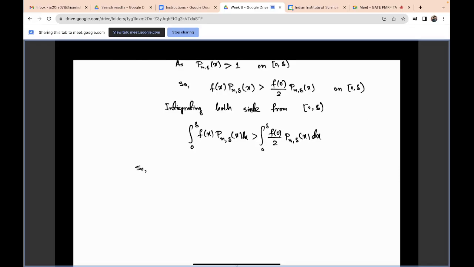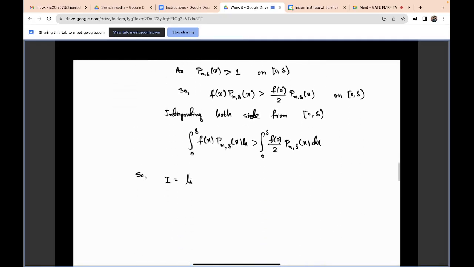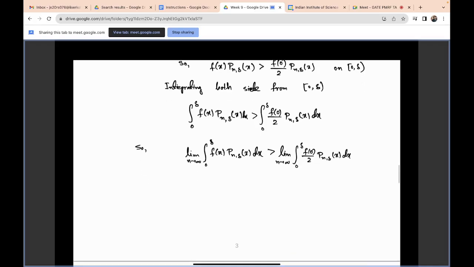So this is I, right? I think, no, I have not defined this. So the limit as n tends to infinity of the integral from 0 to delta of f(x) P_n,delta(x) dx, so this we get the limit as n tends to infinity of the integral from 0 to delta of f(0) by 2 P_n,delta(x) dx. f(0) by 2 is simply a constant, so you can take it out.